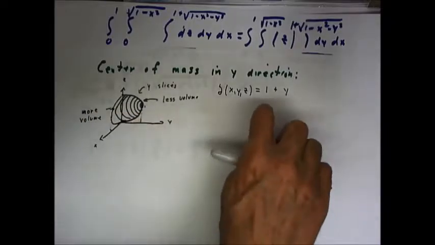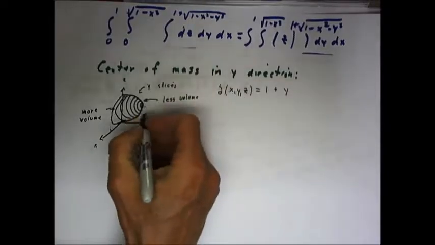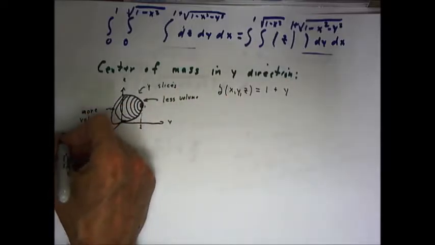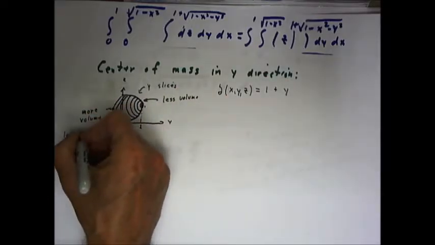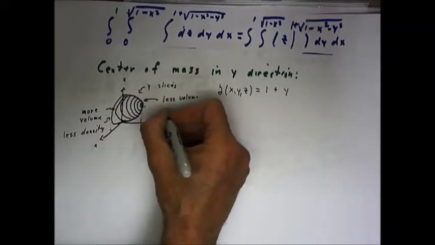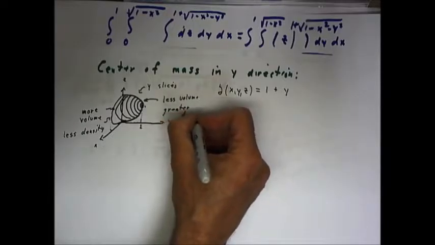However, density being 1 plus y, when y equals 0, the density is only 1. When y equals 1, the density goes up to 2. So we have less density on this end, greater density on this end.